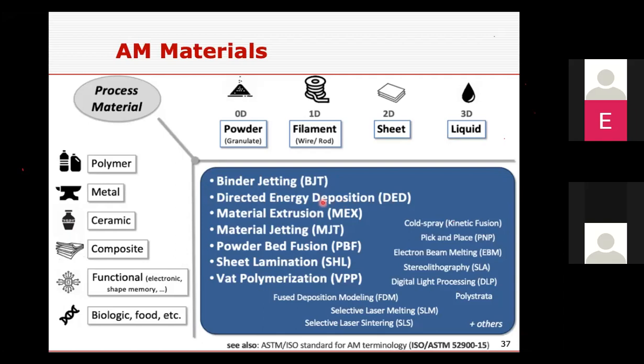And DED, that is directed energy deposition, is predominantly for metal printing, where you can have several options within the metal material choices. And binder jetting also, though it started with polymers like a plaster-type material from MIT, was then followed by ceramics, and now metals can also be done through a binder jetting system.